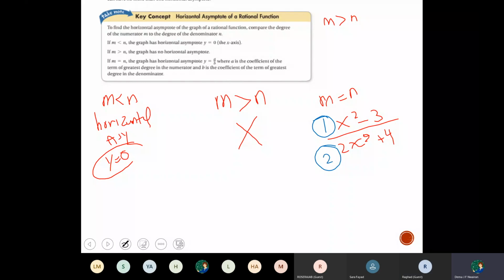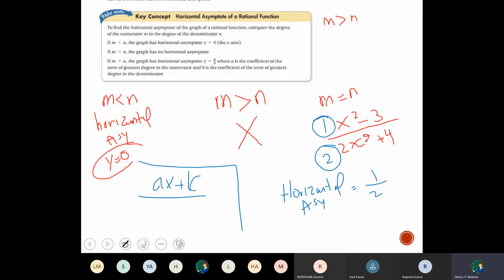So the horizontal asymptote will be at 1 over 2. I'll repeat: 1 over 2. We know the function can be written as ax plus c over bx plus d. So the horizontal asymptote here will be a over b, the coefficient of the numerator over the coefficient of the denominator.